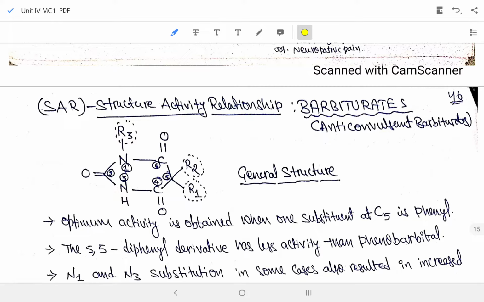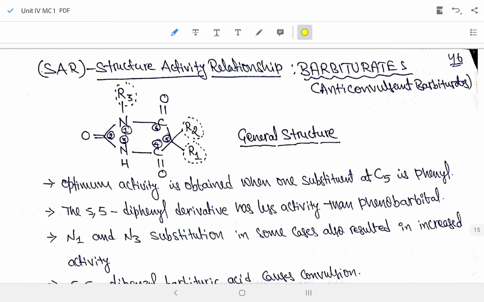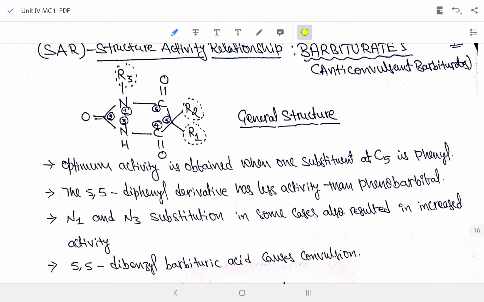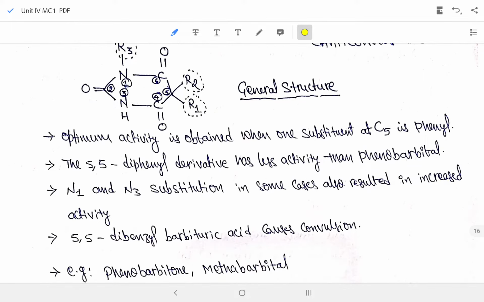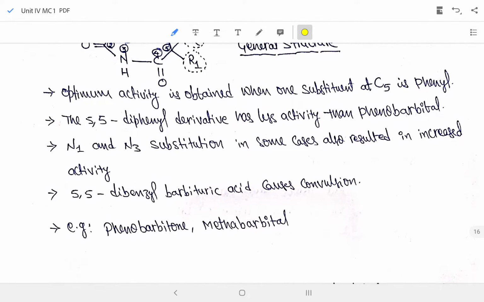Here we need to see barbiturates with respect to anticonvulsant activity. The numbering remains the same: 1, 2, 3, 4, 5, 6, and the fifth position has 2 alkyl side chains. This is the general structure.